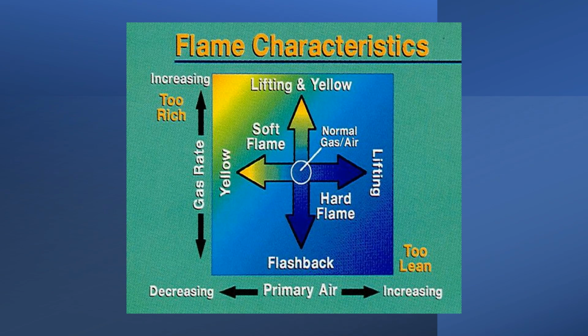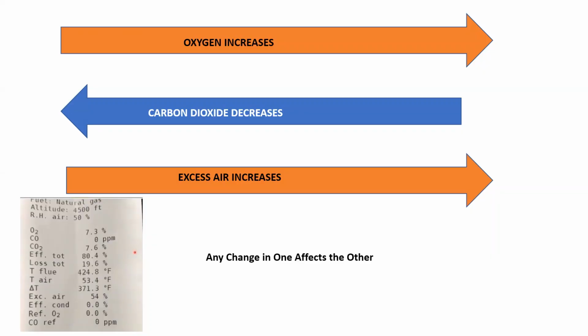So as I said, getting the right combination of air-fuel mixture for combustion, it's a balancing act. When taking combustion readings, you need to know what the numbers mean. Just like your gauges on the refrigeration side, you need to know what the high side and the low side readings mean in an operating system. So too with combustion readings, you need to know the relationship of the various gases that are contained in the combustion process.